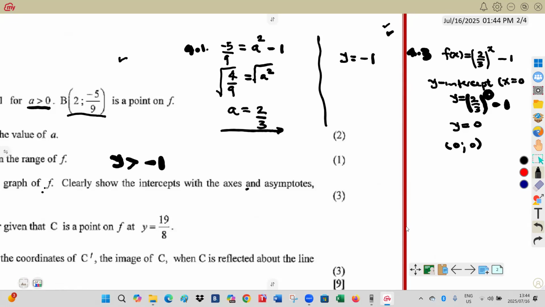Then how are we going to do that? So we are going to sketch our graph. Let me lower it a bit.